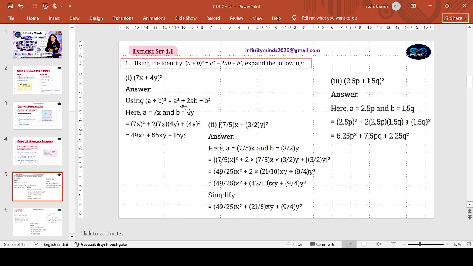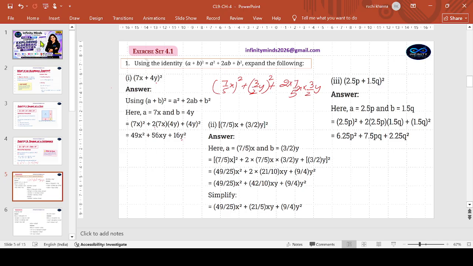Next, 7 by 5x plus 3 by 2y. So square of the first term, (7 by 5x) square you will do, plus (3 by 2y) square you will do, twice of 7 by 5x into 3 by 2y.